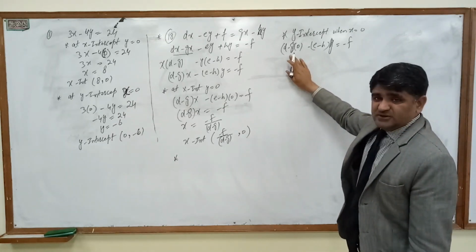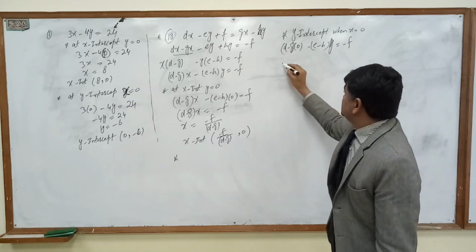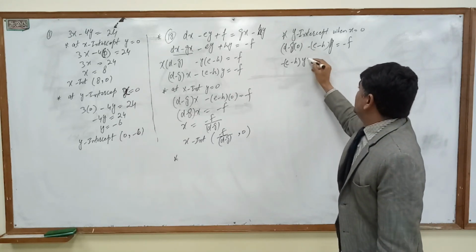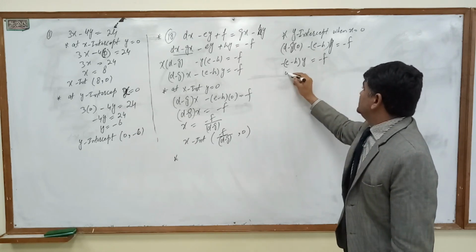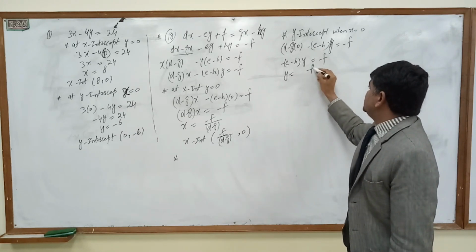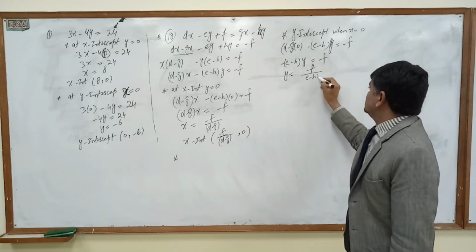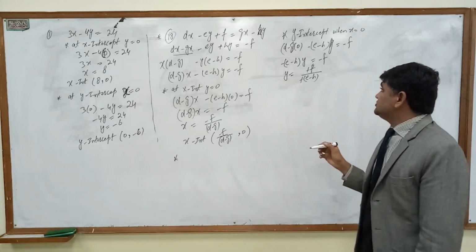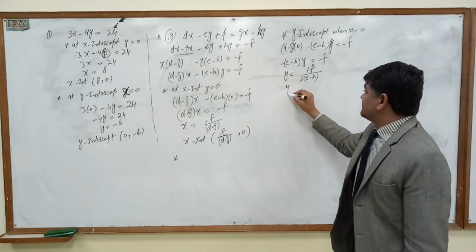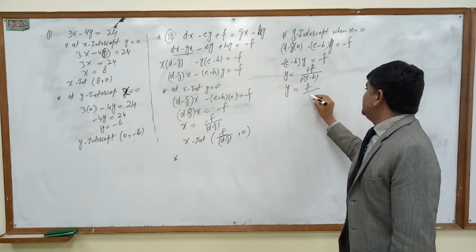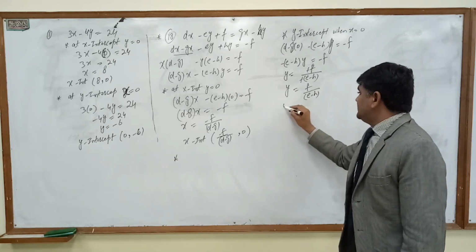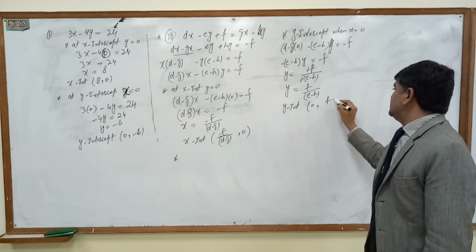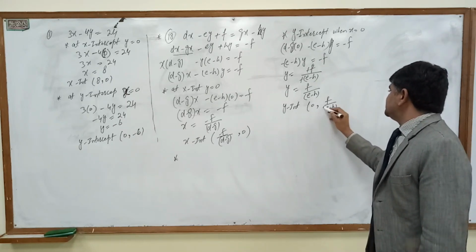So d minus g into 0 is 0. What's left? Minus e minus h into y is equal to minus f. So y is equal to minus f by minus e minus h. Minus into minus cancel. So y is equal to f by e minus h. So what is y-intercept? 0 and f over e minus h.